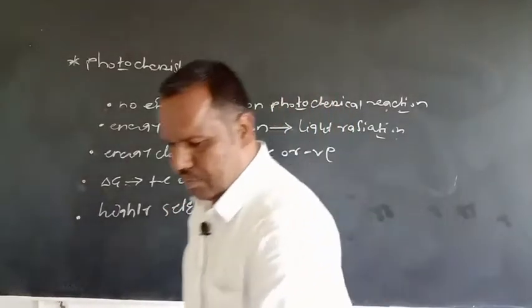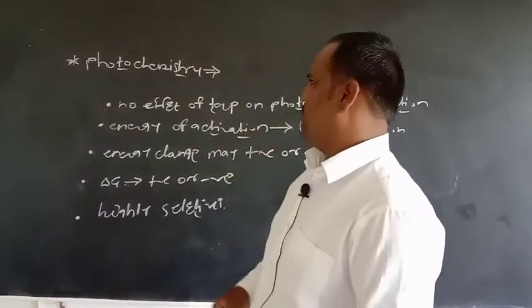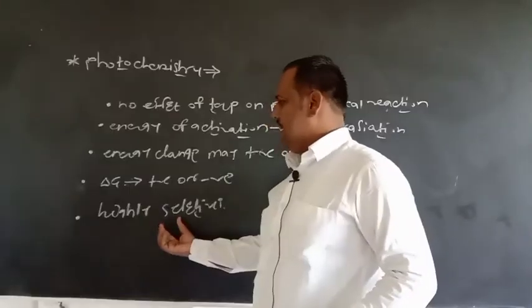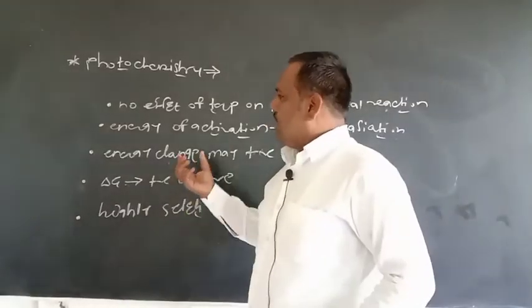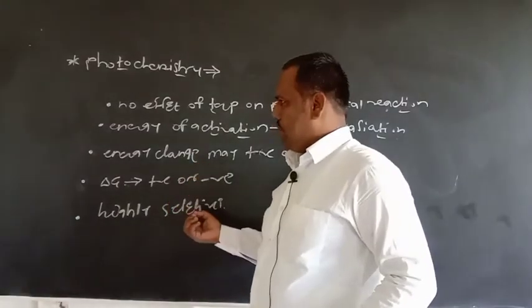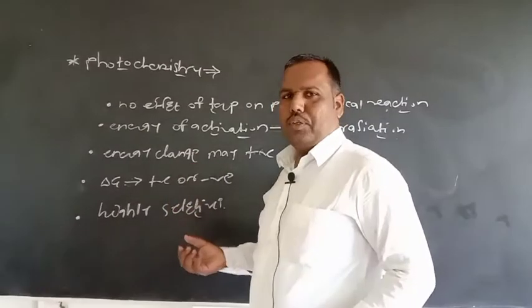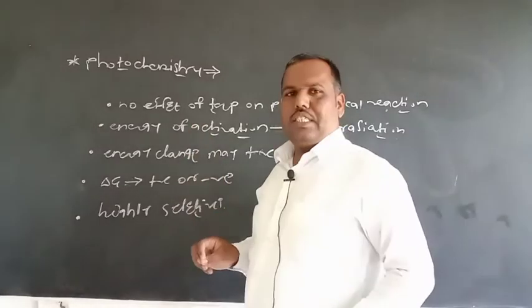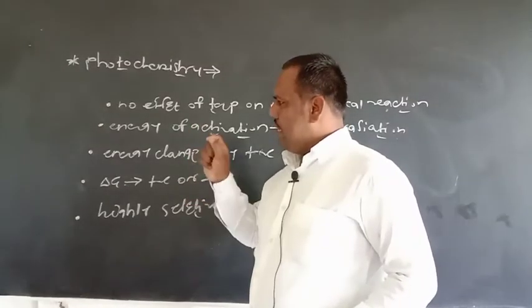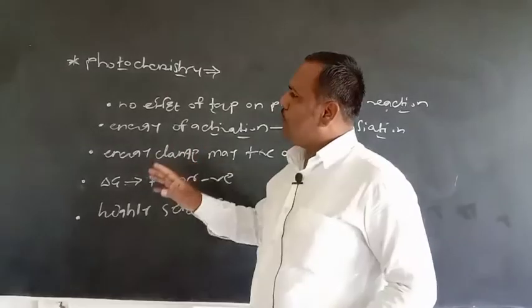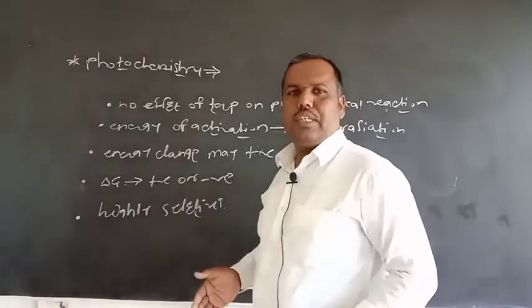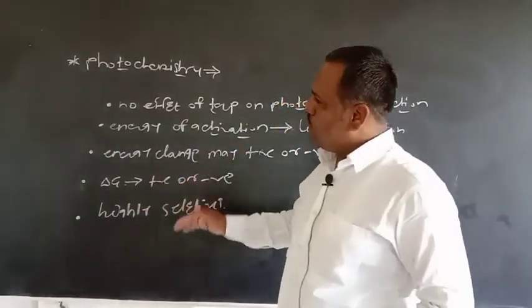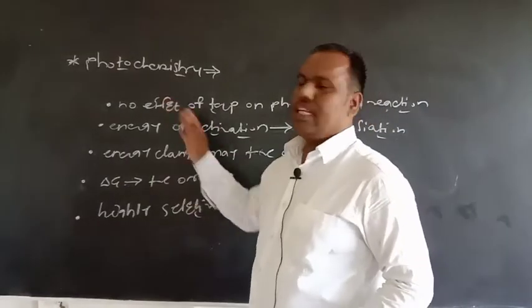So what is the meaning of this highly selective? Photochemical reaction is highly selective means the energy is absorbed by a particular molecule. If one quanta of energy is absorbed by a single molecule, then the molecule is electronically excited and goes from the ground state to the excited state.